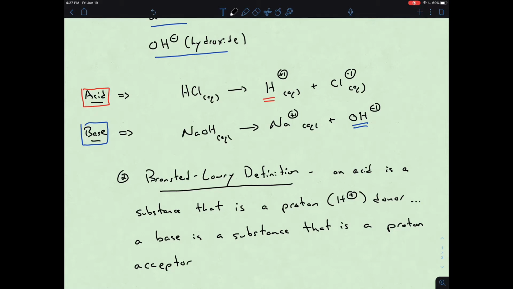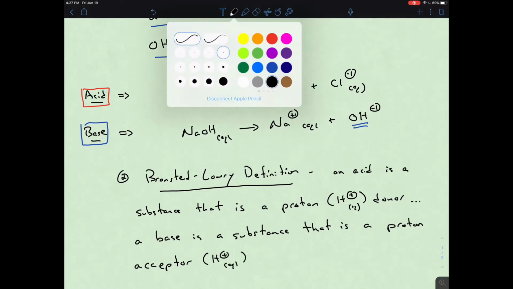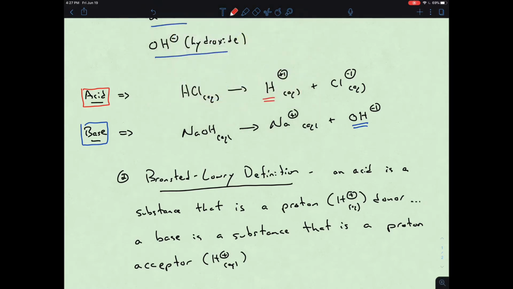We're still looking at that idea of a proton. Now we're really specific, keeping the language within the realm of protons. We have acid, a proton donor, and that kind of stems from the Arrhenius definition, right? Because we have HCl and it's producing H+, so it's donating H+ to the solution.